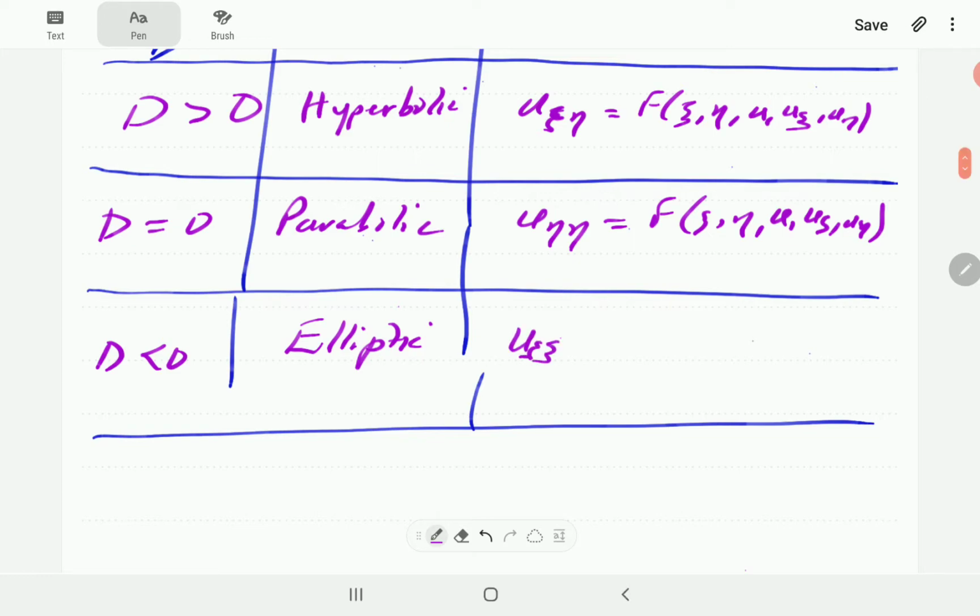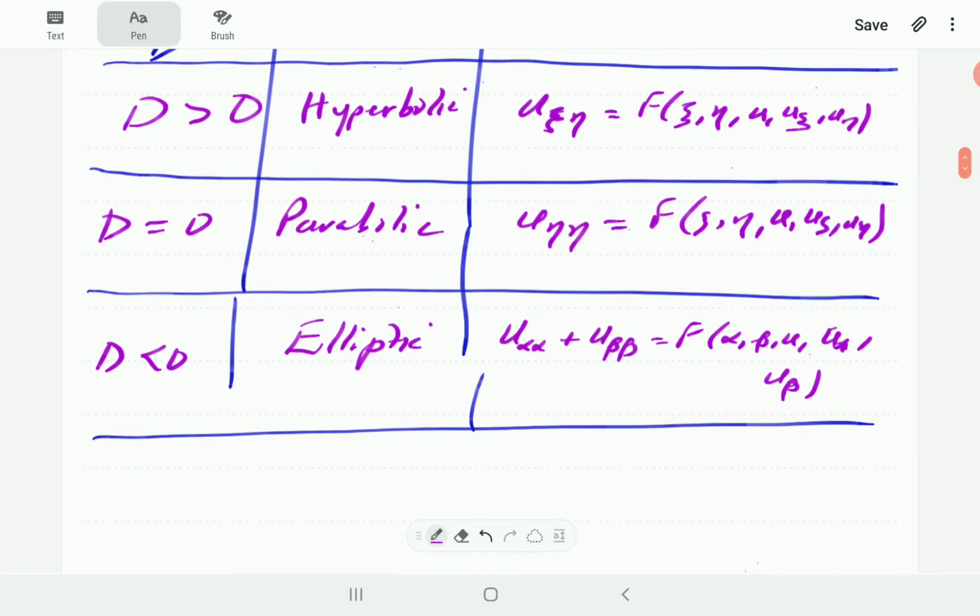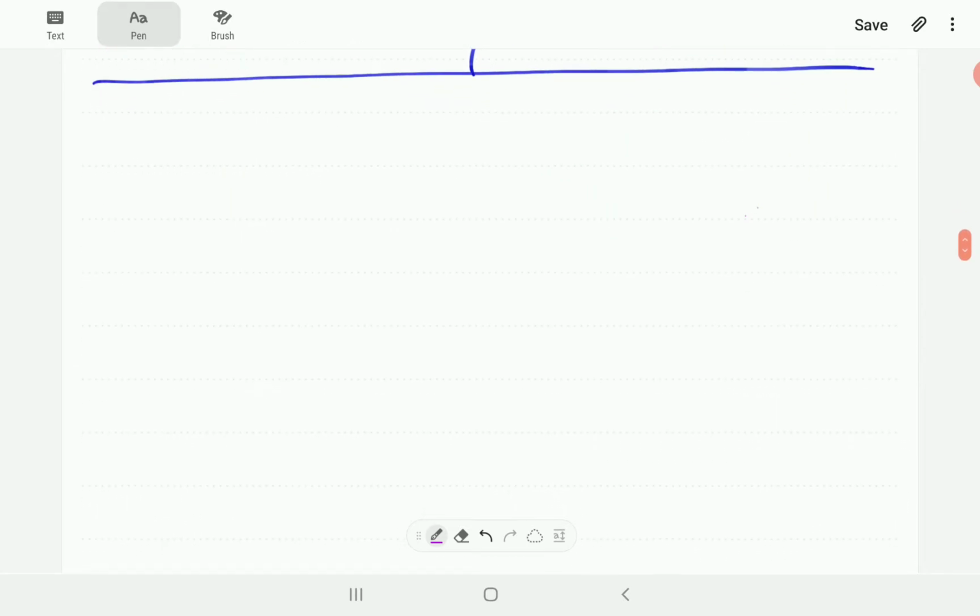The canonical form is u_alpha alpha plus u_beta beta is equal to f of alpha, beta, u, u_alpha and u_beta. All right, so these are the 3 possibilities. We are now going to look at specific examples.